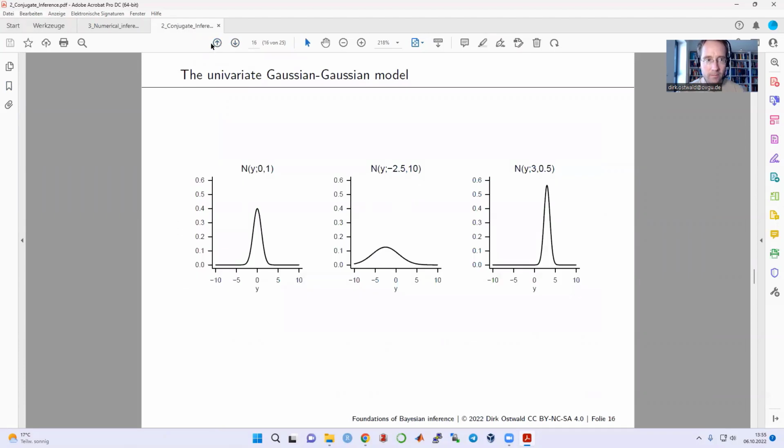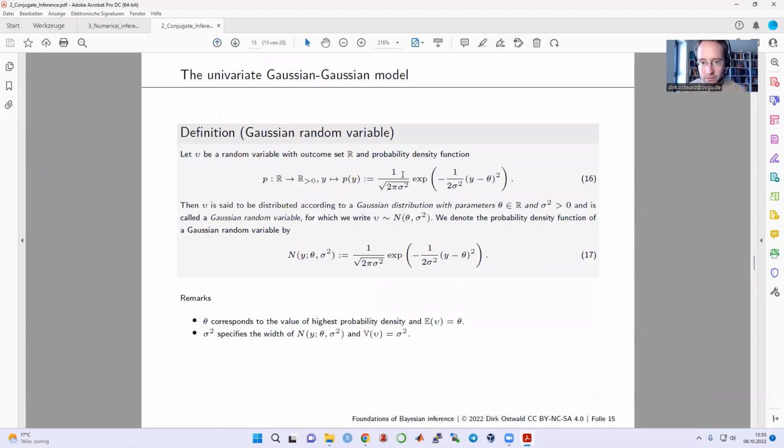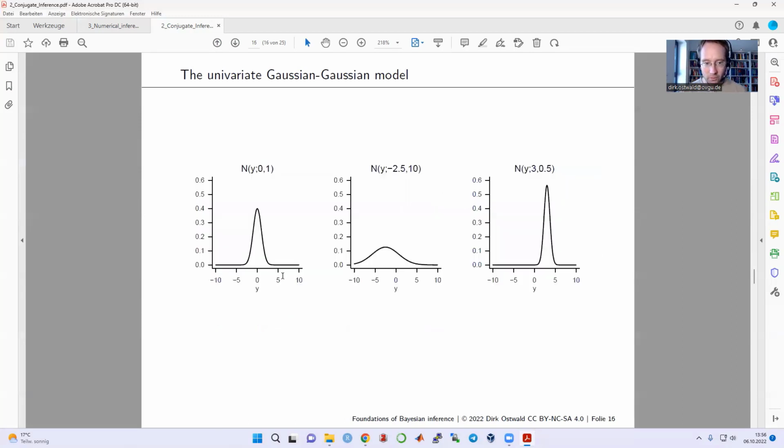So consider here the Gaussian. The action in the Gaussian is in this exponential term. It's a function of y, and sigma square and theta are fixed, and if you change y, you get this bell-shaped curve. Y is on the x-axis. You change y, you get a different value of the function, a different probability density.